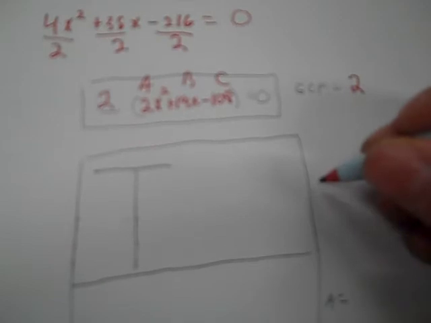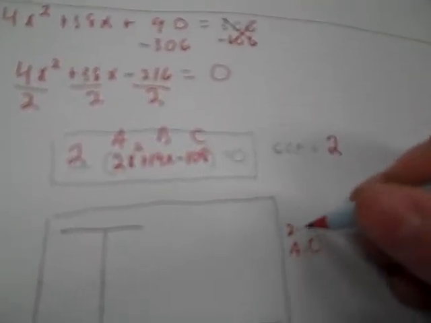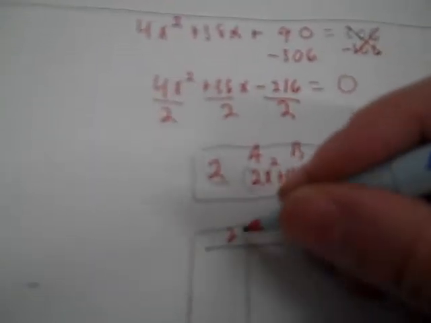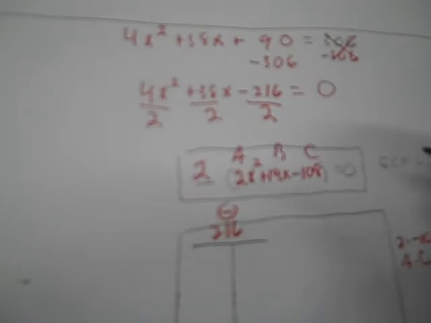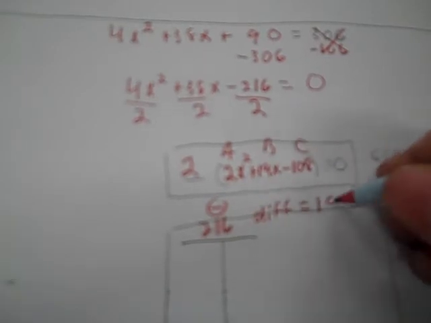Now I want to run my ABC from the parentheses. I take A times C, so that's positive 2 times negative 108. That gives me a product of negative 216. So I would be looking for a difference that would equal my B, which is 19.